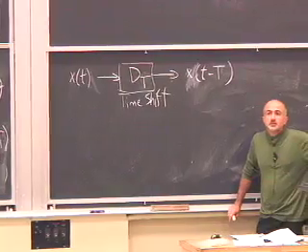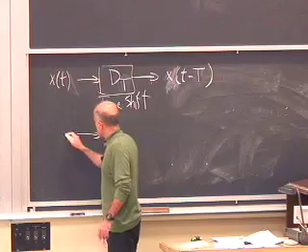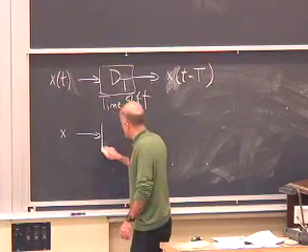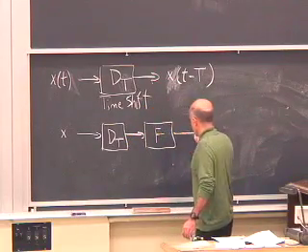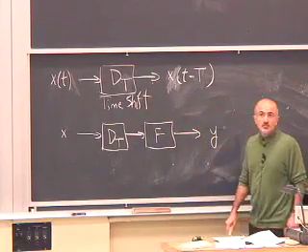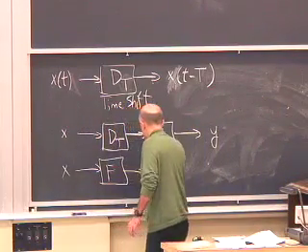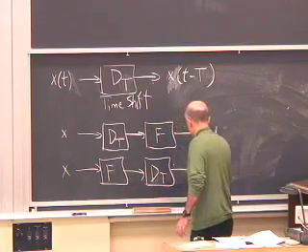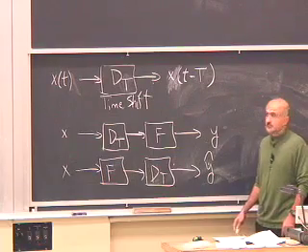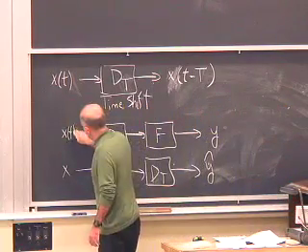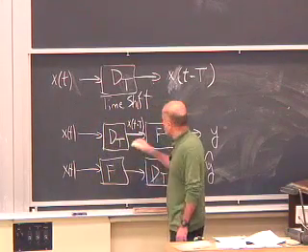A time invariant system is a system which doesn't care when you send in the signal x, whether you first shift the signal and send it through f, or send it through f and then shift. So if I have x of t here, this will be x of t minus cap t.